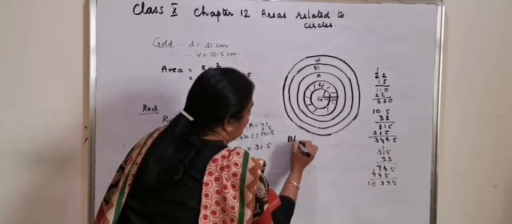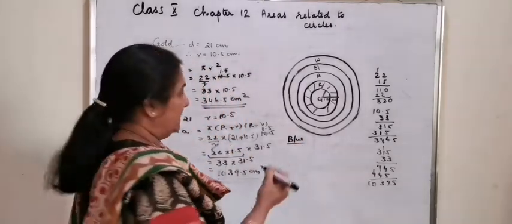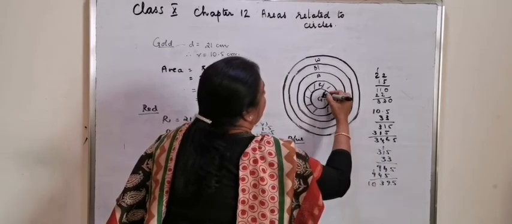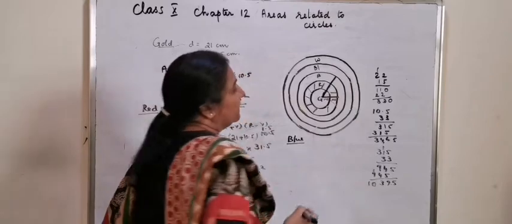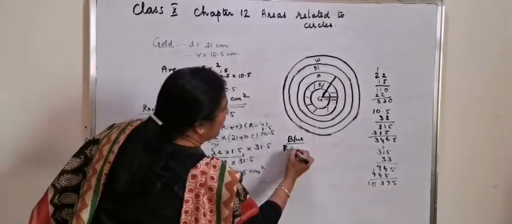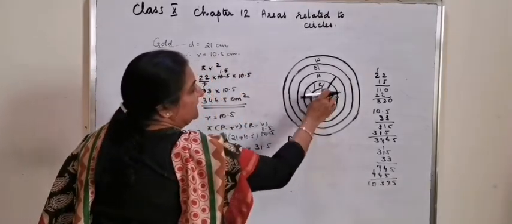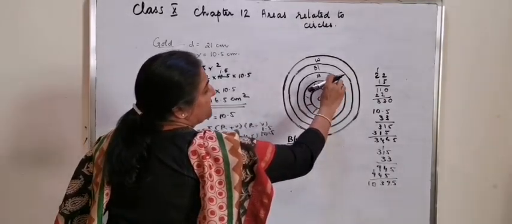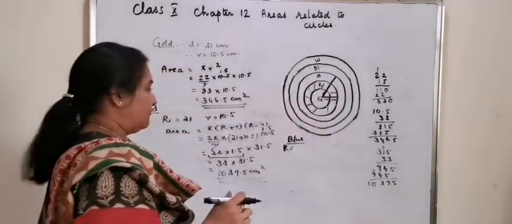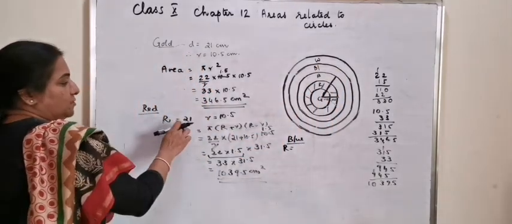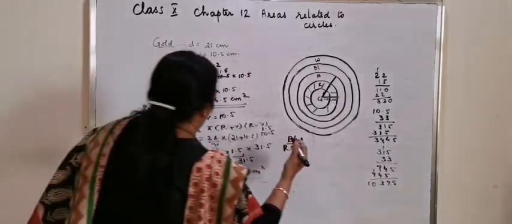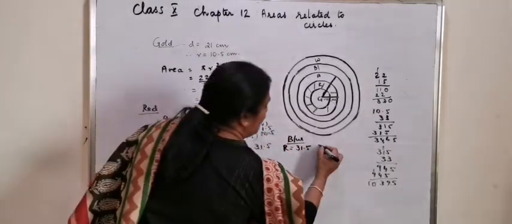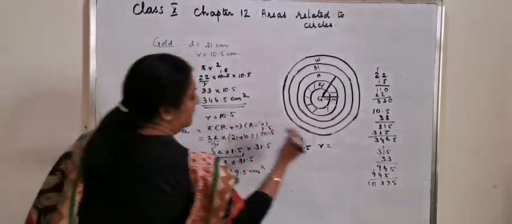For the region with blue, the outer radius will be from gold, the center, till this region, that is 10.5 plus 10.5 plus 10.5, or 21 plus 10.5, which is 31.5, and small r will be 21, which repeats.